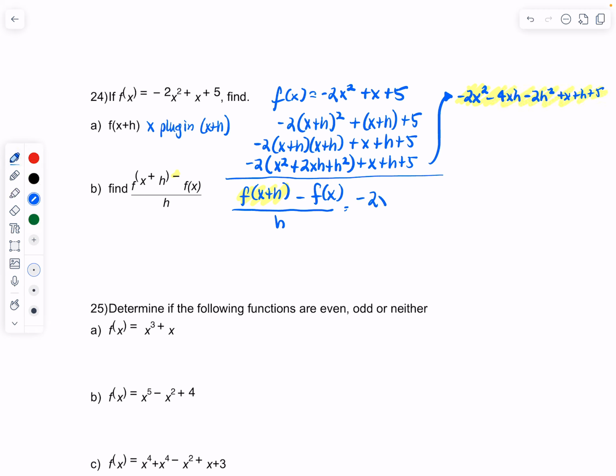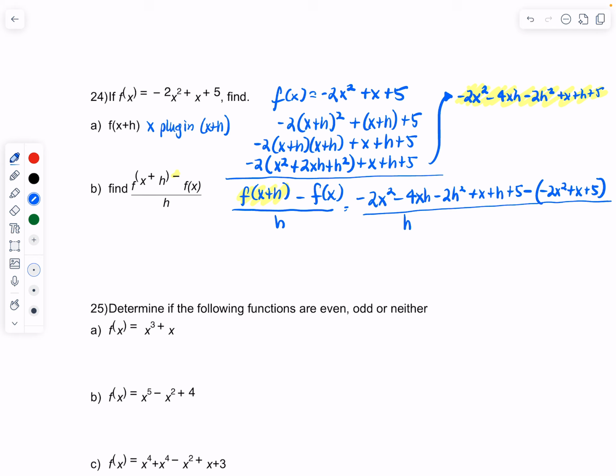Negative 2x squared minus 4xh minus 2h squared plus x plus h plus 5 minus the original function. So put parentheses and put negative 2x squared plus x plus 5 all over h, okay?